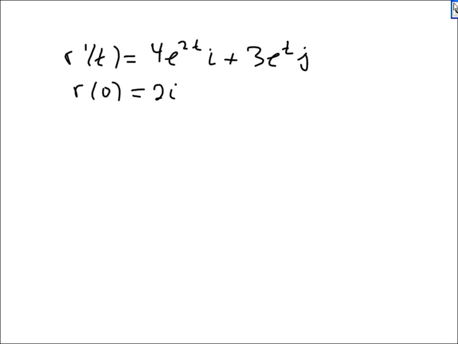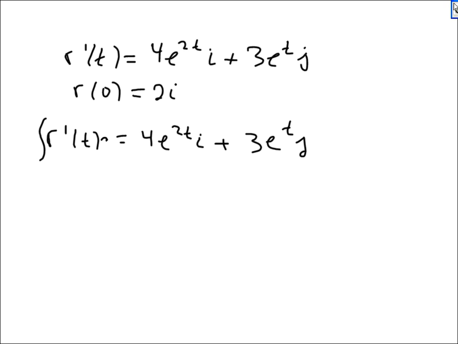So, if you have r prime of t and you integrate both sides with respect to dt, a couple of things happen. One, the equal sign is still valid, and the integral of r prime of t dt is just r of t.